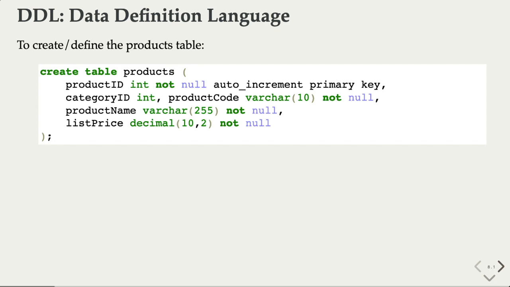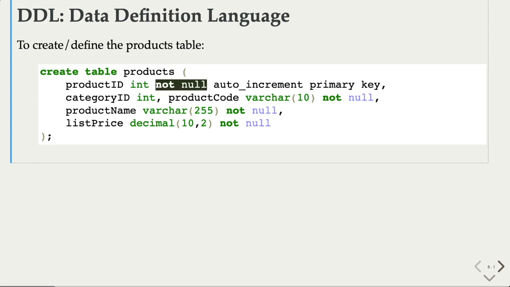Right? So this is an example to create table, and the name is called products. And we have a product ID, which is int or integer. And because this ID is required, we make it not null.